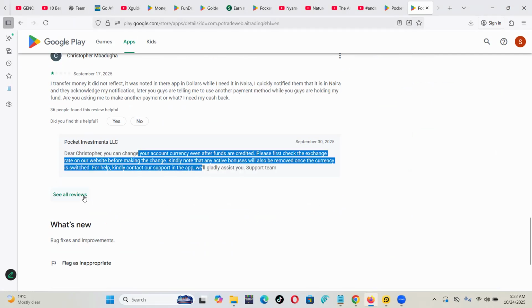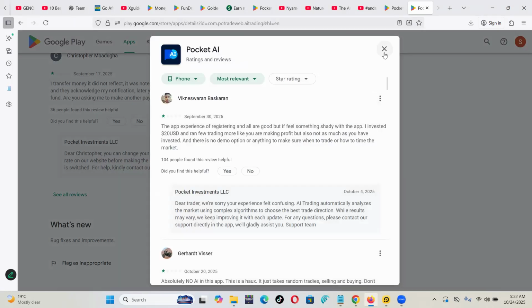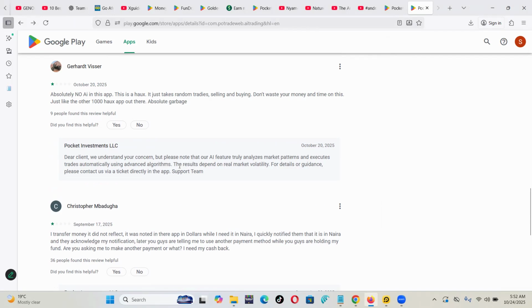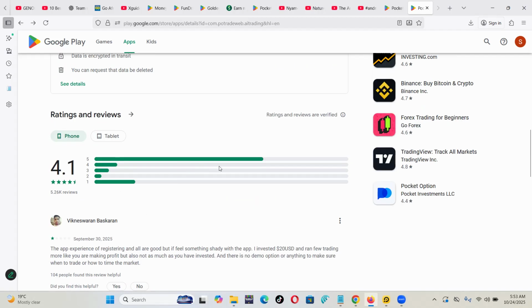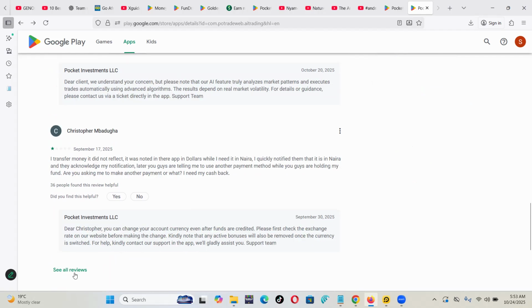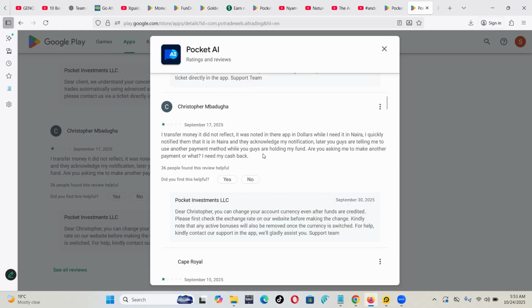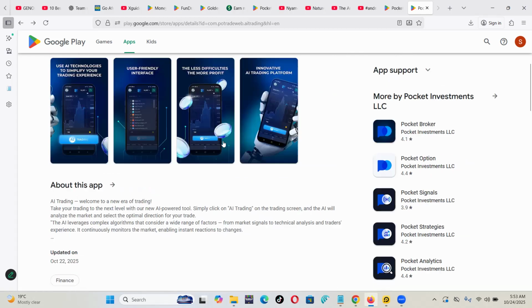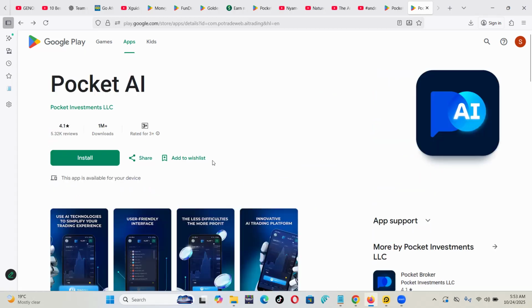Almost every complaint in their reviews on the Play Store, they're trying to reply to, and these are not just automated replies. They actually reply to every complaint. So at least you are aware that if something is not going fine, the support is there to reach out to.